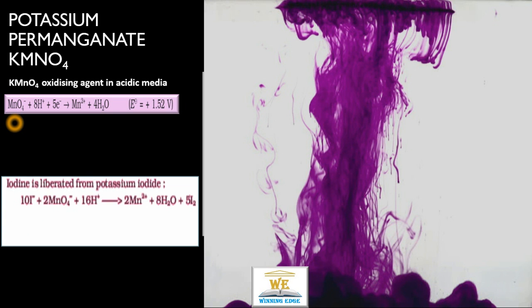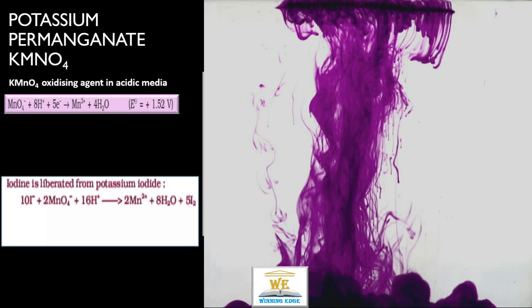First, we see oxidation of iodide to iodine when we put in acidic conditions. Because iodide to iodine, 2 moles of iodide make 1 mole of iodine, and it liberates 2 moles of electrons.